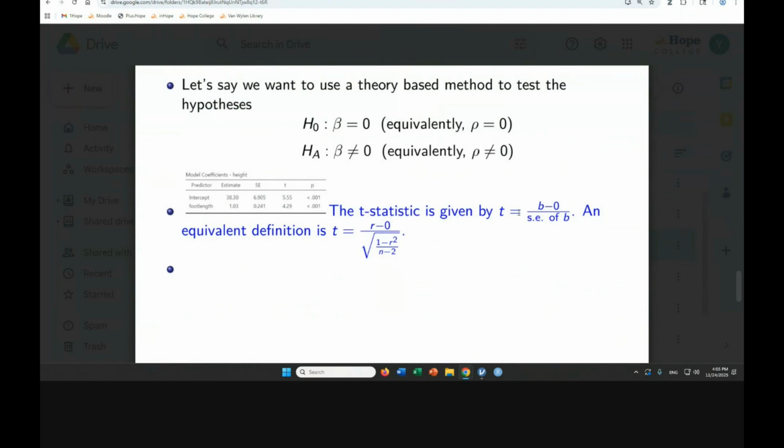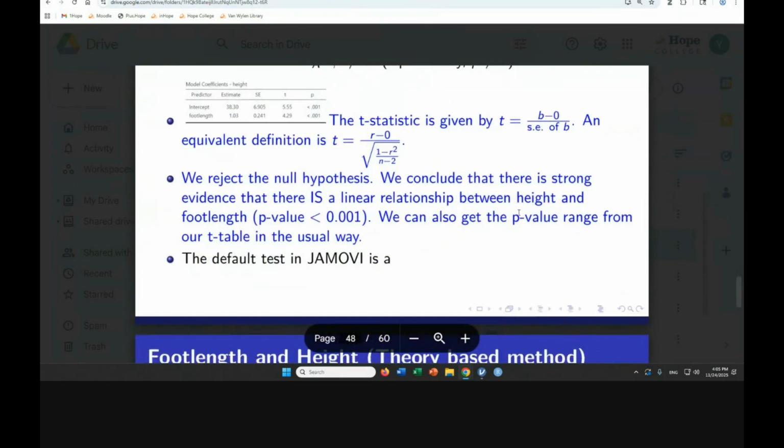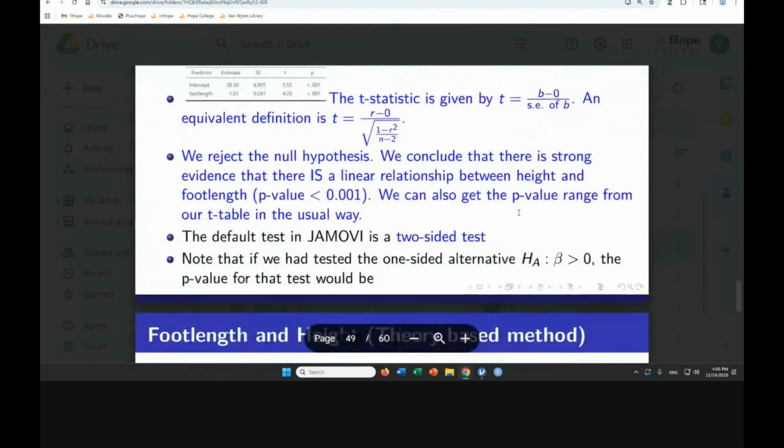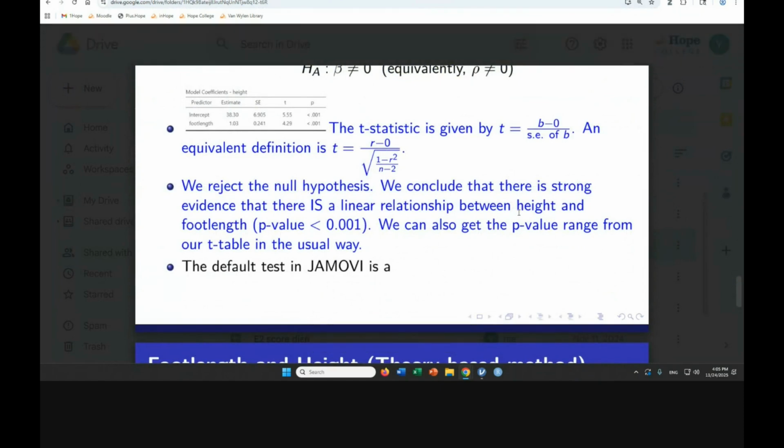Okay. So you calculate the T statistic by taking the value of the estimate for the slope and dividing by the standard error. If you calculate B over the SE of B, take 1.03 and divide by 0.241, you know what you're going to get?